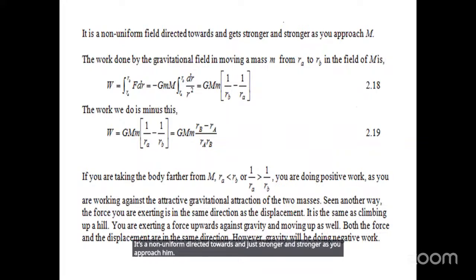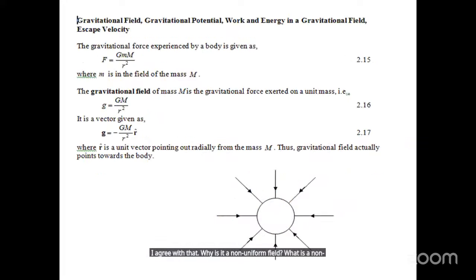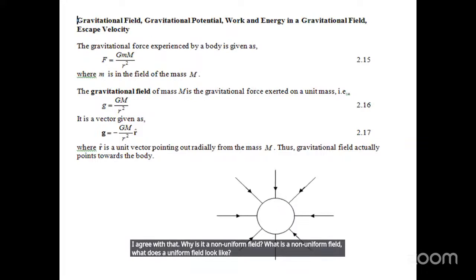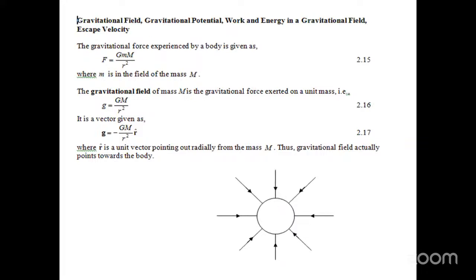You agree with that? Why is it a non-uniform field? What does a uniform field look like? Straight lines of force. Straight lines that are even, parallel lines that are equally spaced, right? Yes. Why equally spaced?